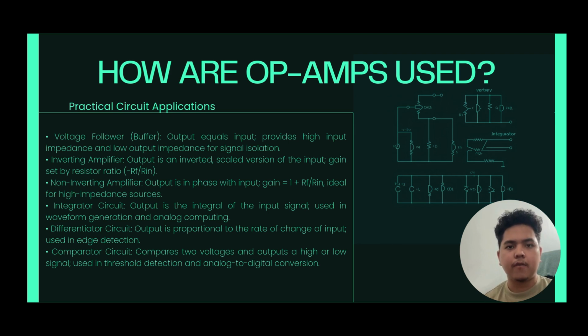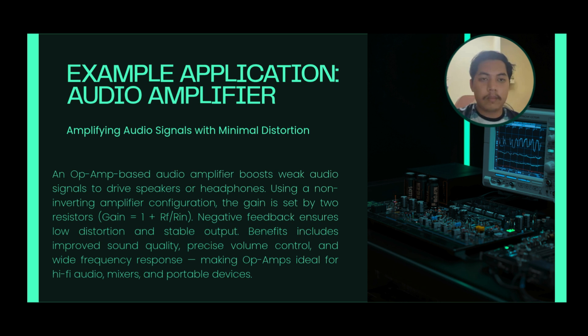An inverting amplifier flips the polarity and scales the output based on the resistor ratio, while a non-inverting amplifier keeps the signal in phase, making it perfect for high impedance sources. Finally, we can do complex math and logic. An integrator and differentiator let us generate waveforms or detect signal edges by tracking rate of change. And a comparator allows us to contrast two voltages, giving us a simple high or low digital output.